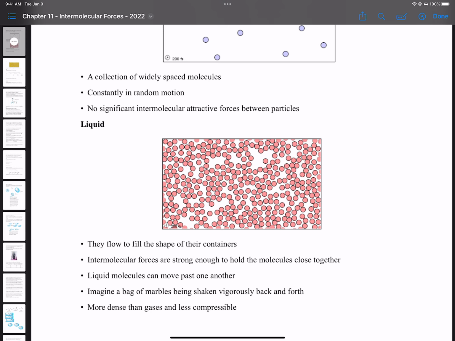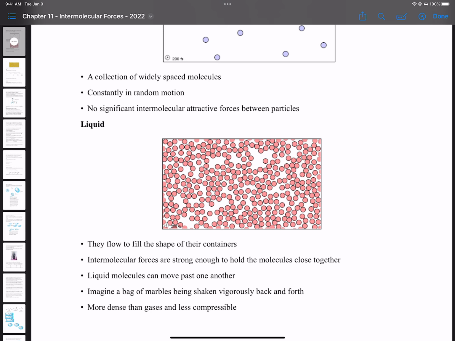The IMFs are strong enough to hold the molecules together. So when the molecules move, they don't move as individual particles. They move together as the bulk liquid. The molecules can slide over one another. That's what gives liquids their unique properties. They can slide and fill the shape of their container.